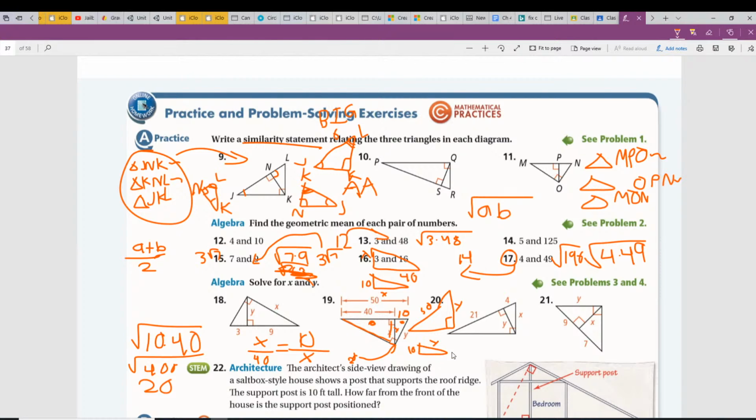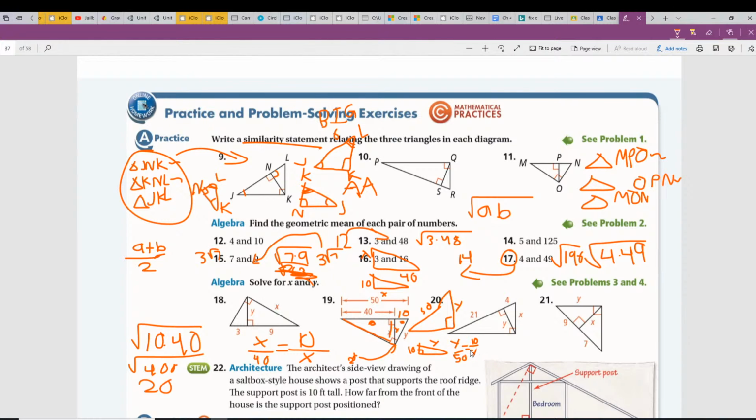So the hypotenuse, we're going to divide by 50. Once we divide that by 50, that's going to be equal to this length, which is next to the right angle one.